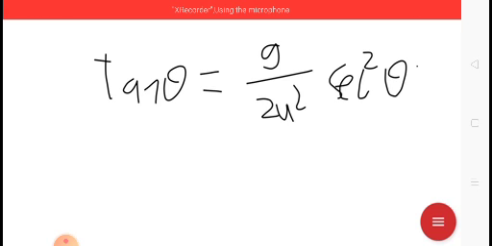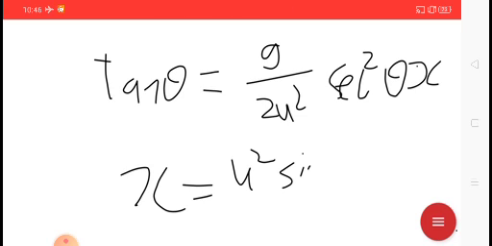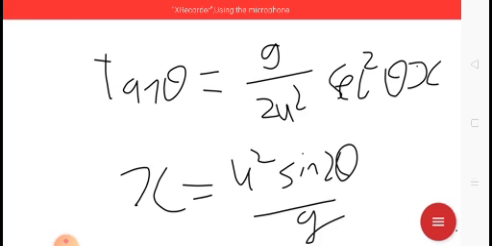Sorry, here still has one x. If you rearrange this and put x in terms of theta and g, you will get u square sine 2 theta over g. Right, so you go back to the range equation.